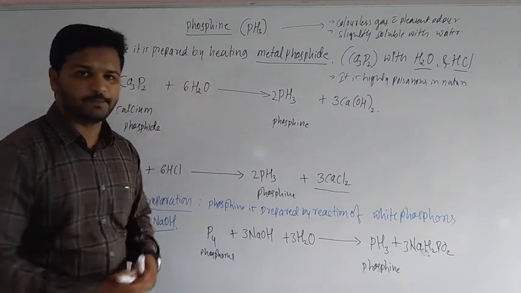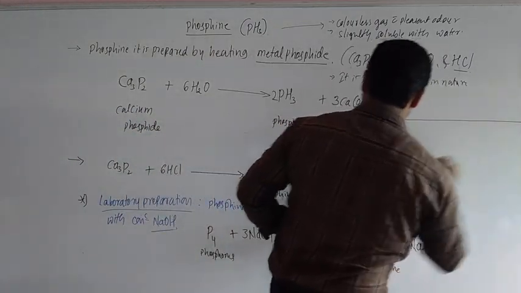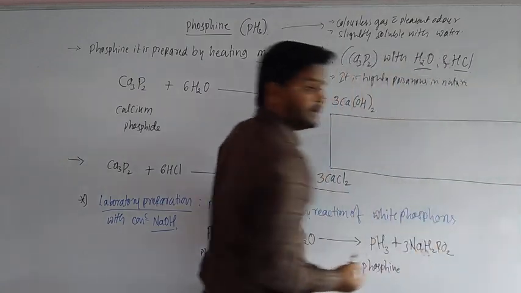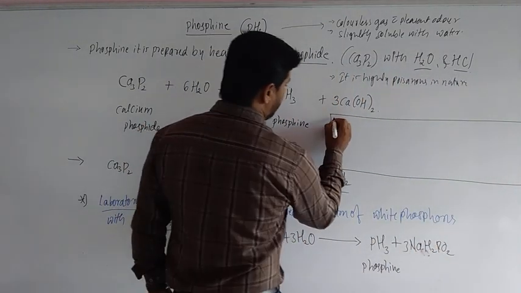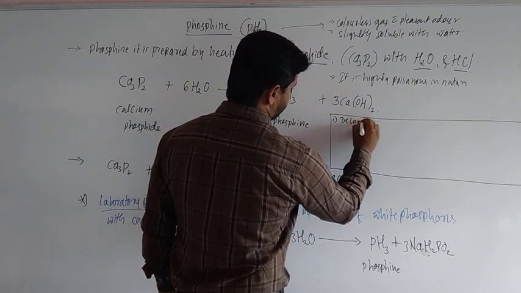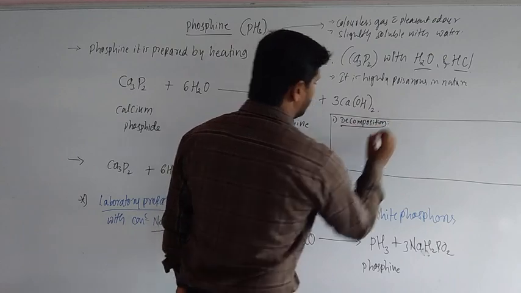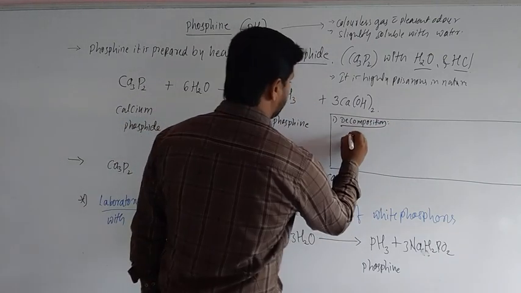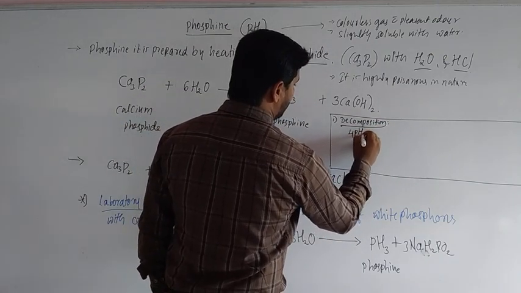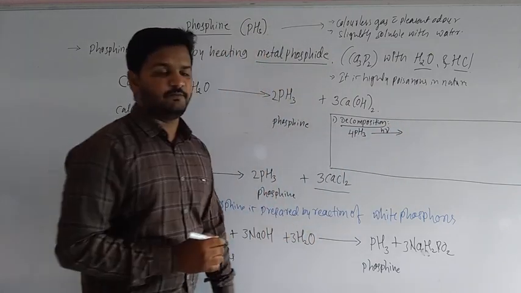And next, chemical properties of phosphine. First one, decomposition of phosphine. Phosphine undergoes decomposition in the presence of a photochemical reaction.